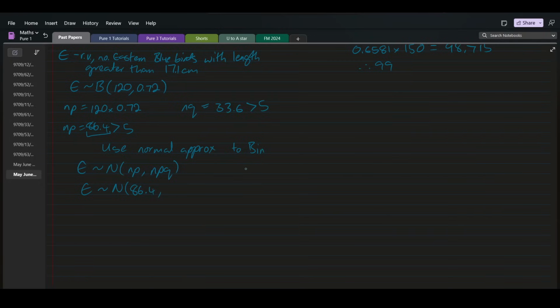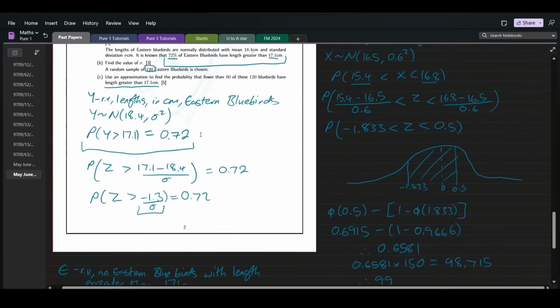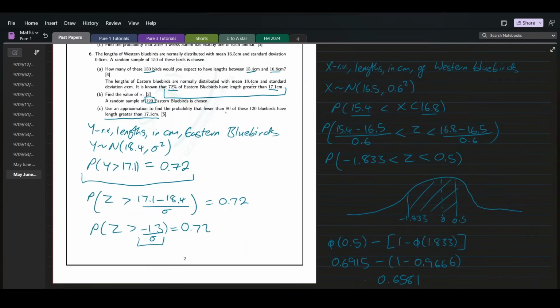NPQ, let's evaluate that. That's 120 times 0.72 times 0.28. Let's punch that into the calculator. And that gives us 24.192.